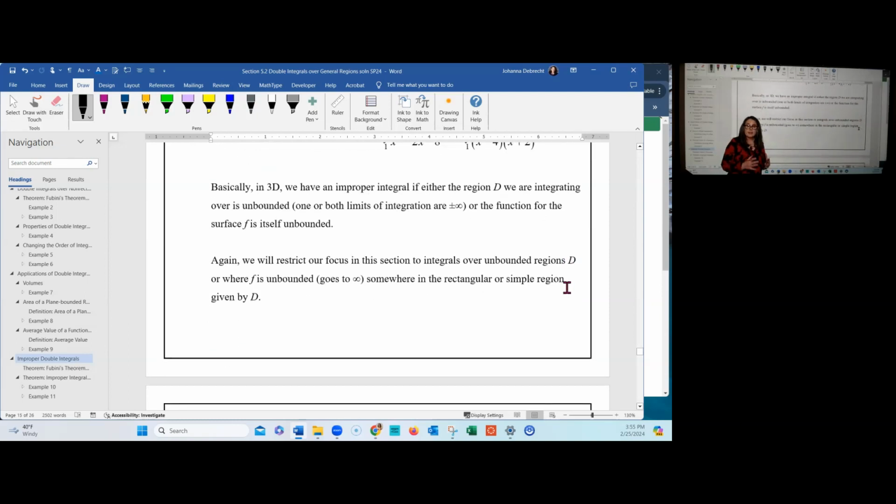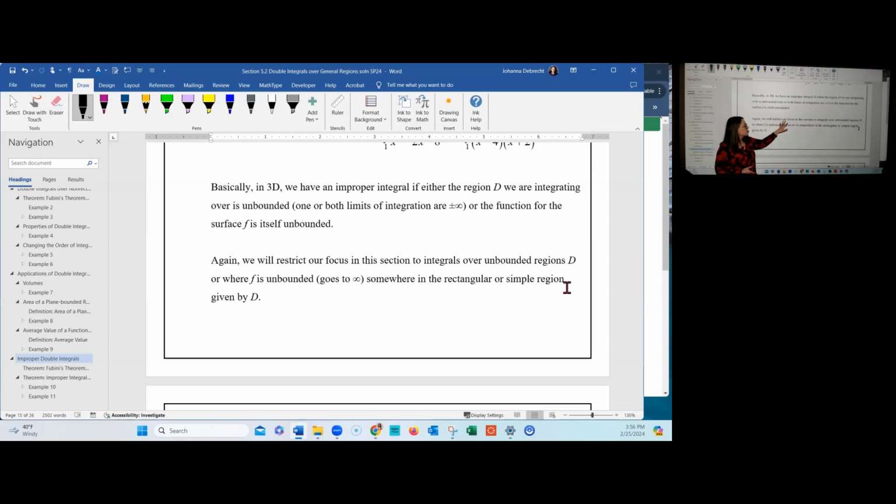Basically, we have an improper integral in three-dimensional space if either the region D over which we're integrating is unbounded, meaning one or both limits of integration are going to plus or minus infinity, or the function for the surface is itself unbounded, meaning that the z value goes to infinity or negative infinity, very similar to what we saw in the case in Calculus 2.